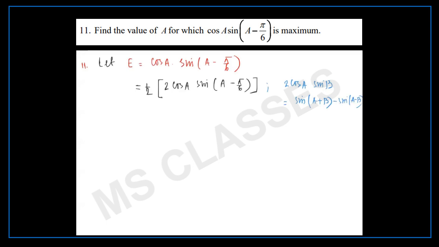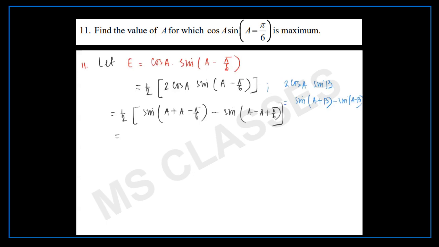So this gives us what? Half of sin of this plus this, A plus B, so we have A plus A minus pi by 6, minus sin of A minus B, so A minus A plus pi by 6.